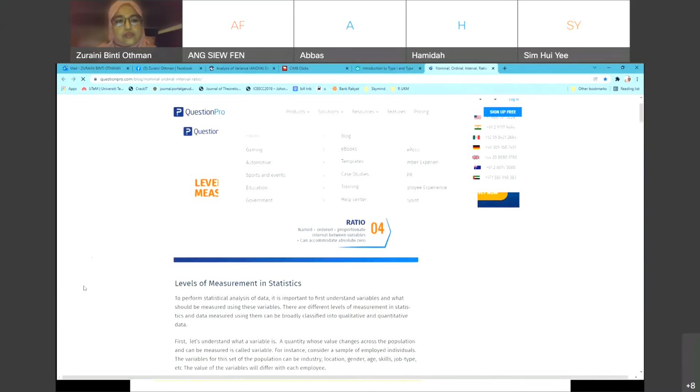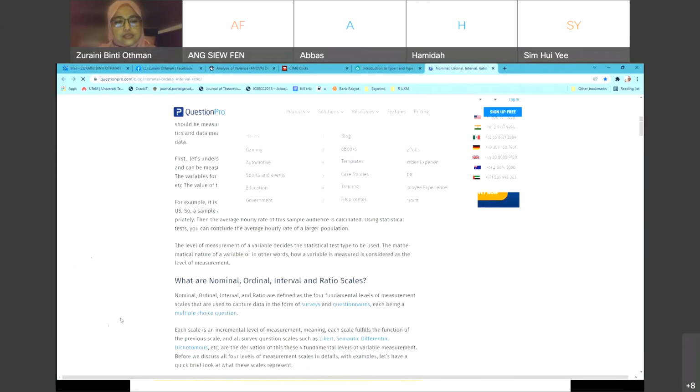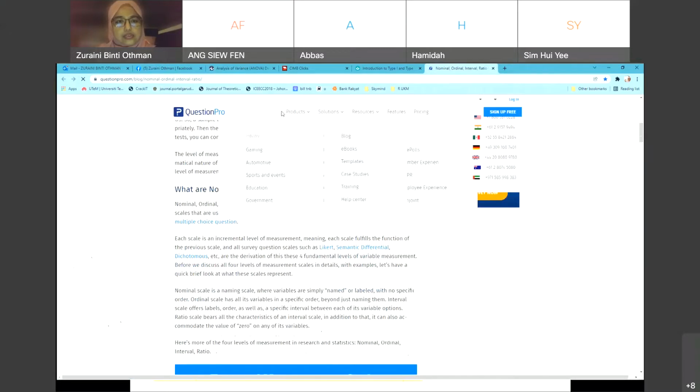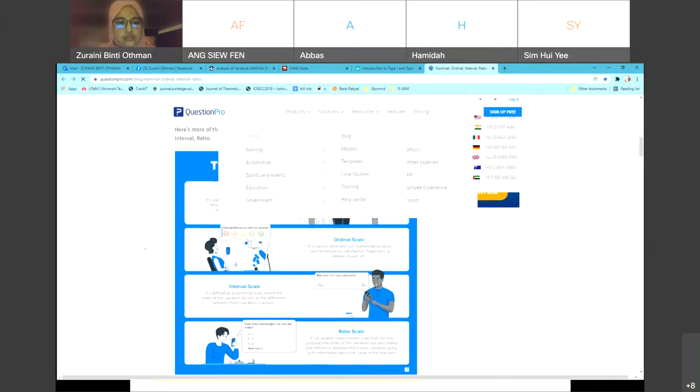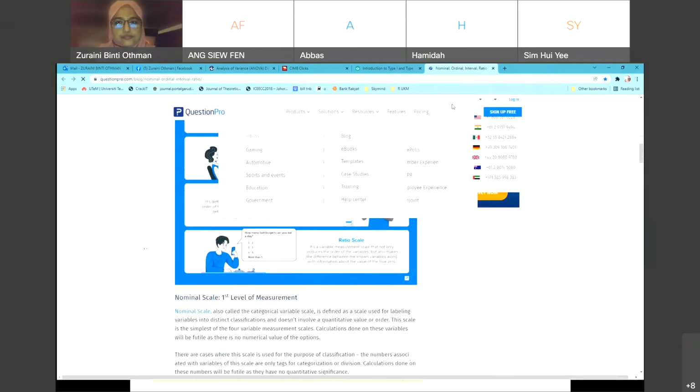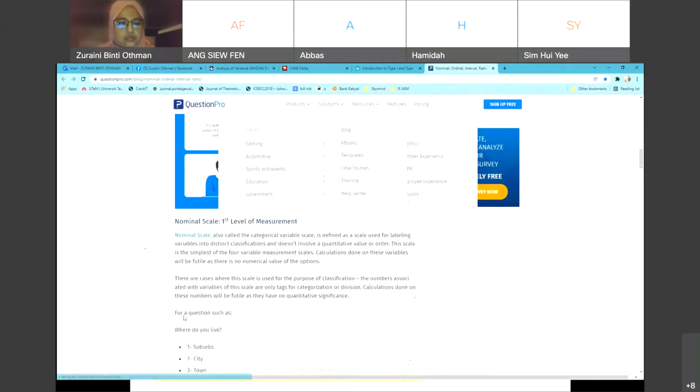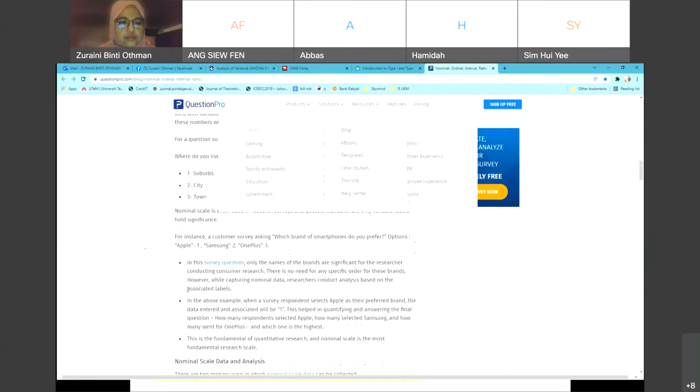Okay, level of measurement in statistics. The example that I used just now is from this website. Okay, this is the example.